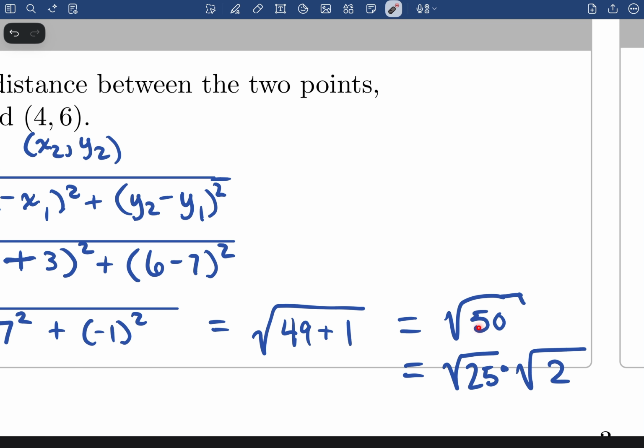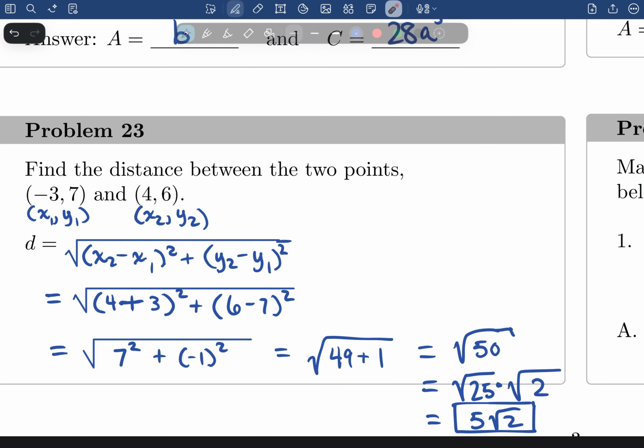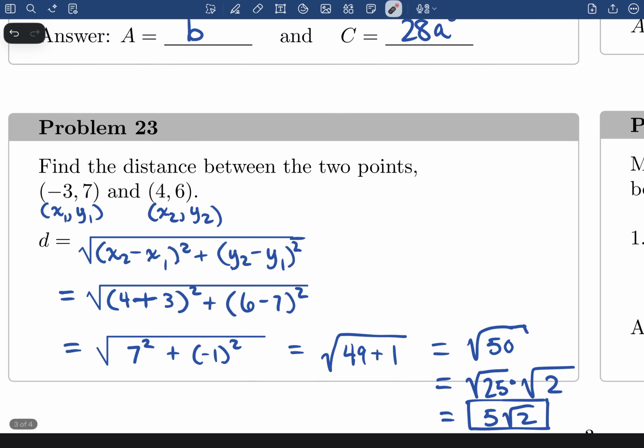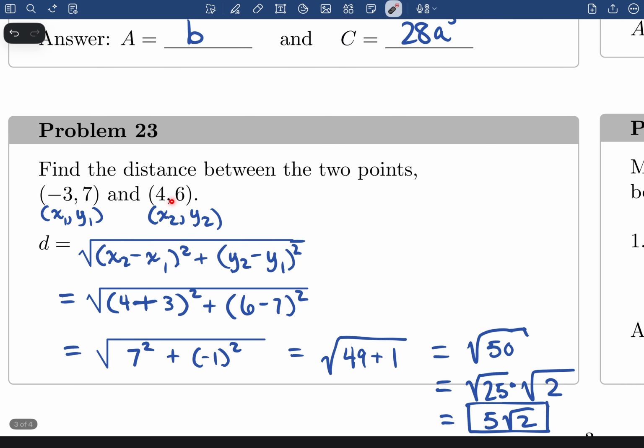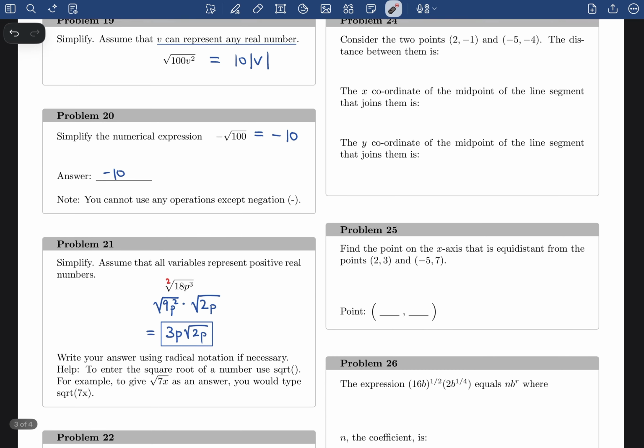Because 50 is 25 times 2, and 25 is a perfect square. And then you can write the square root of 25 is 5, and then you got the square root of 2 multiplied on. There you go. So this is the exact distance, 5 times the square root of 2, the exact distance between this point and this point in space. If you get out your ruler, that's what the answer would be.